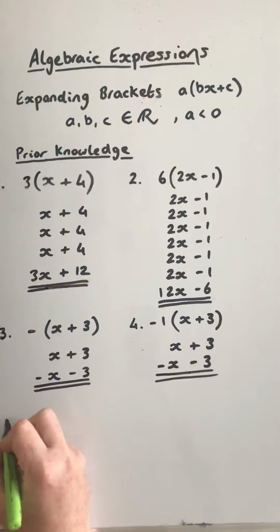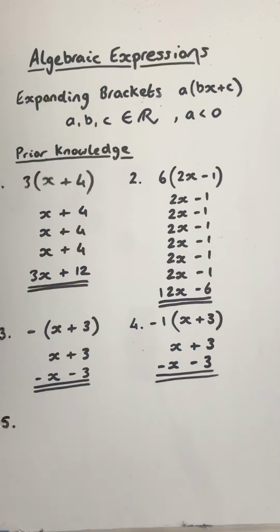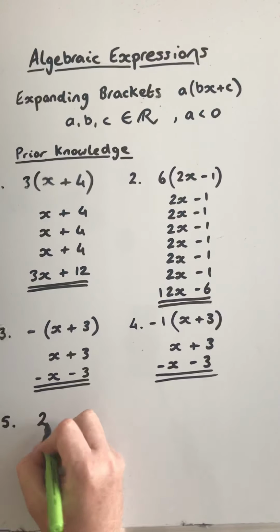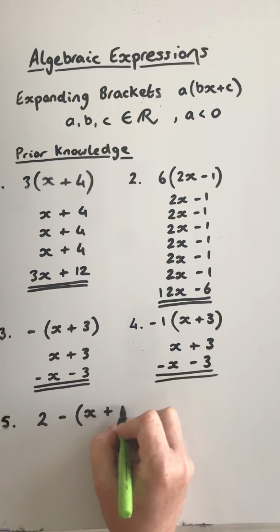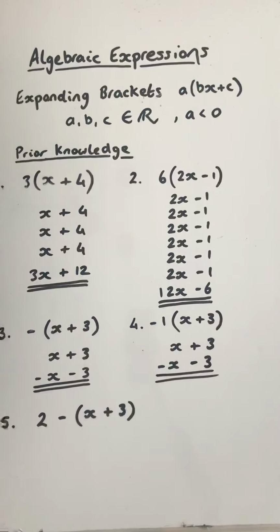Let me put this together with a question: 2 minus x plus 3. Your order of operations is such that you have to apply brackets and indices, multiplying, division, adding, subtracting.